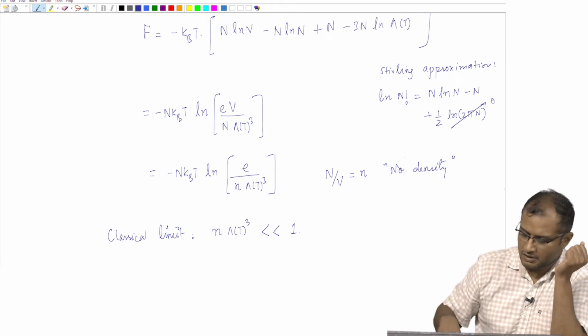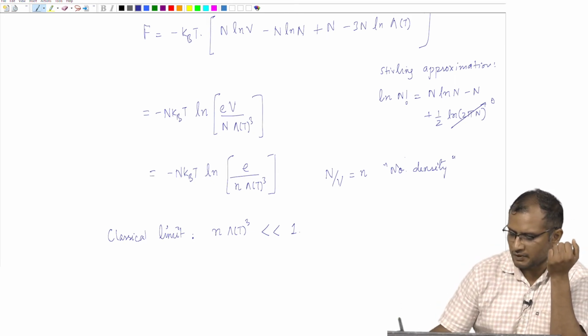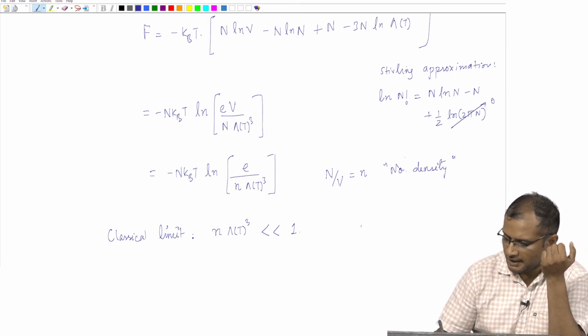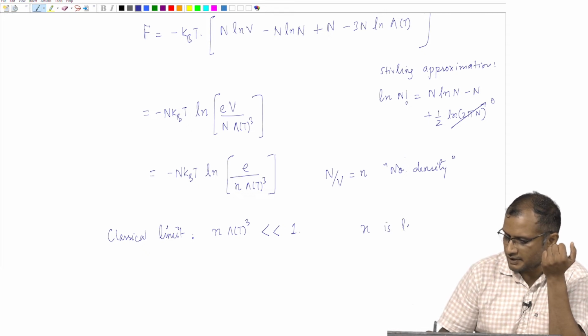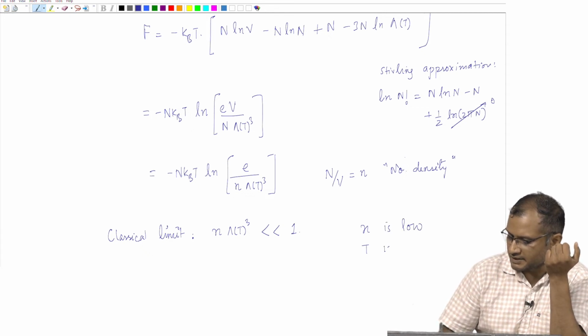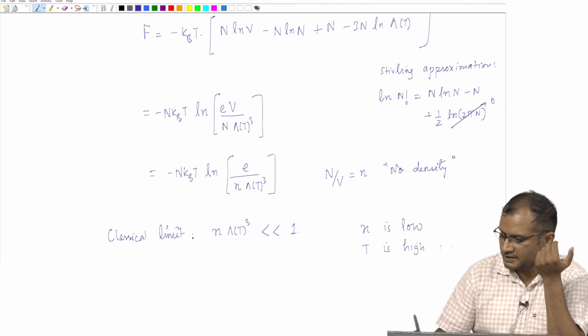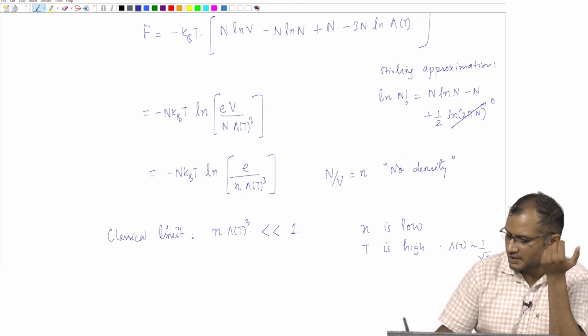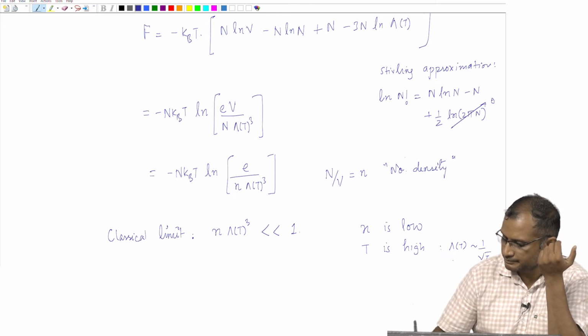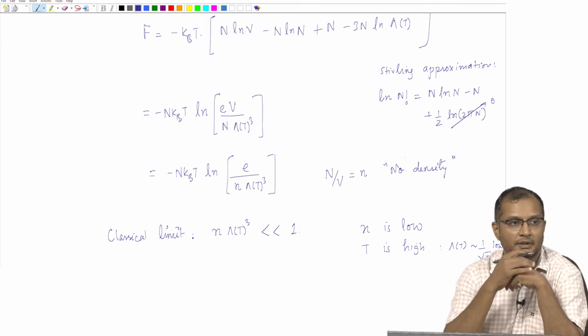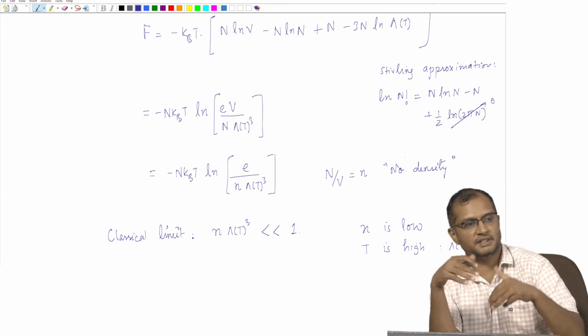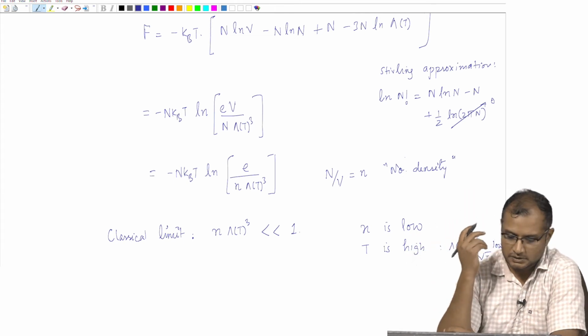But here n lambda cubed is much smaller than 1, because our n is very low and the temperature is high. If temperature is high, our de Broglie wavelength, which goes as 1 upon square root of T, is also very low. So, the product of two low numbers is much lower than 1.